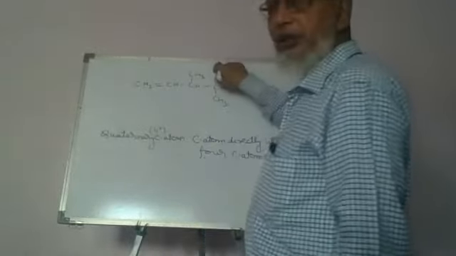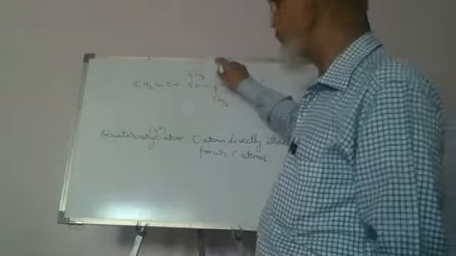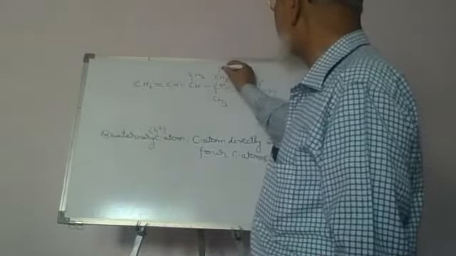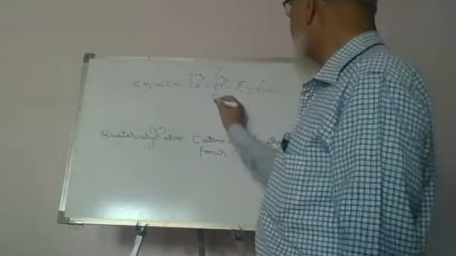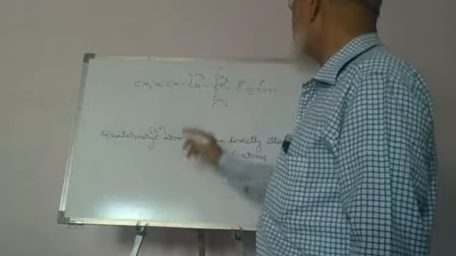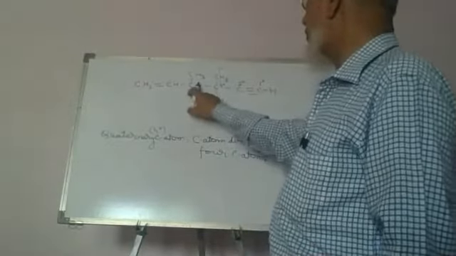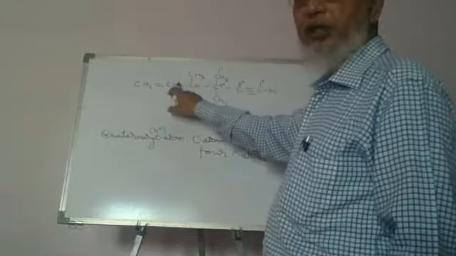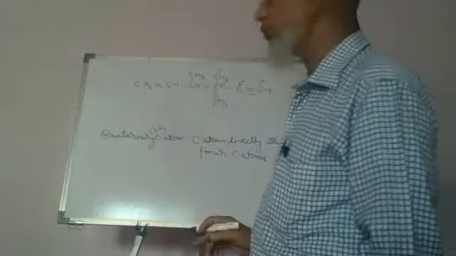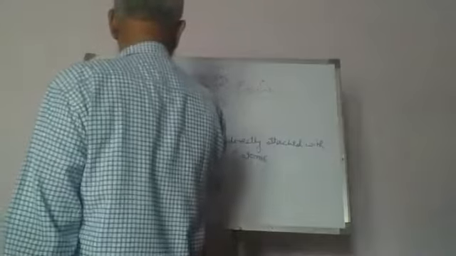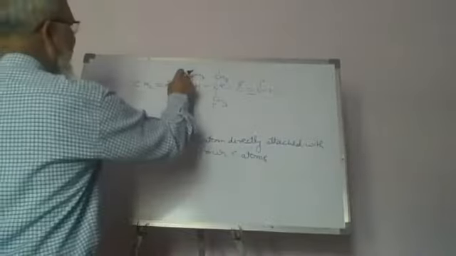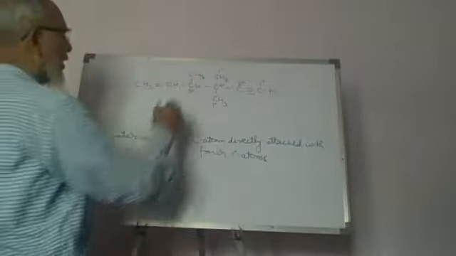This carbon atom is directly attached with only one carbon. That's why it will be a primary carbon atom. This will also be a primary carbon atom. But if you consider this carbon, it is surrounded by three carbon atoms. That is, on its three sides there are carbon atoms. That's why it will be tertiary. Likewise, this carbon atom is attached directly with only one carbon.